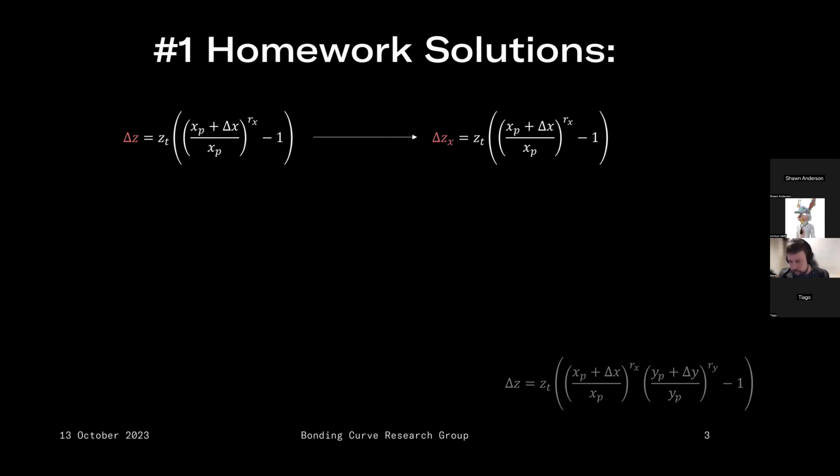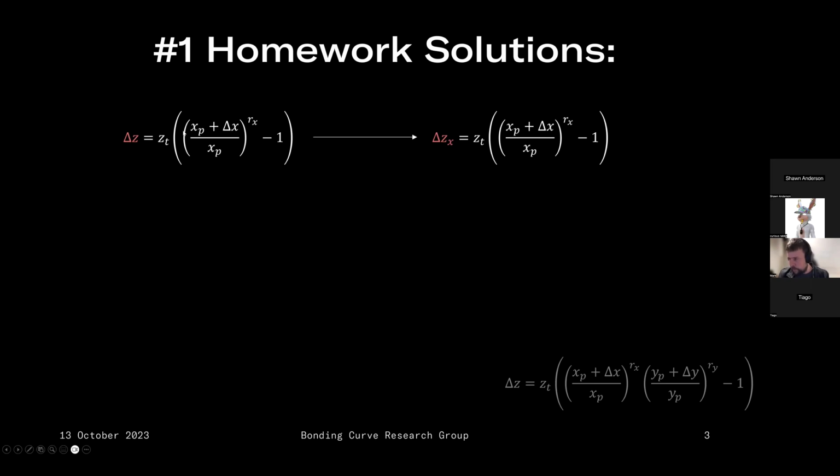In order to make the solution a little bit more intuitive, I'm going to be changing the generic delta Z, for each one of the steps, to denote the specific token that it resulted from with its subscript.